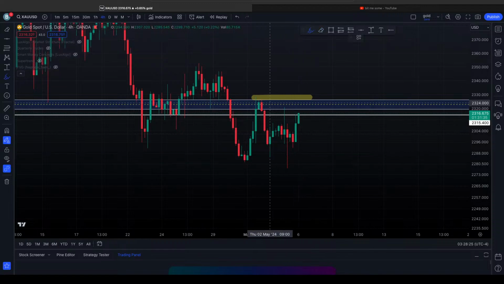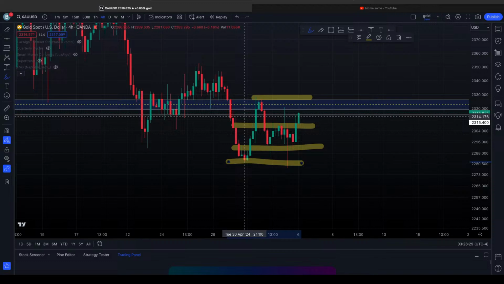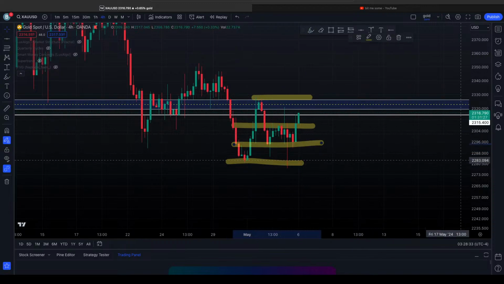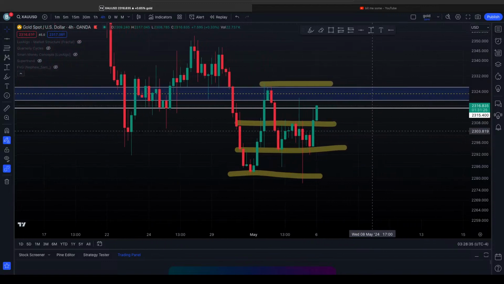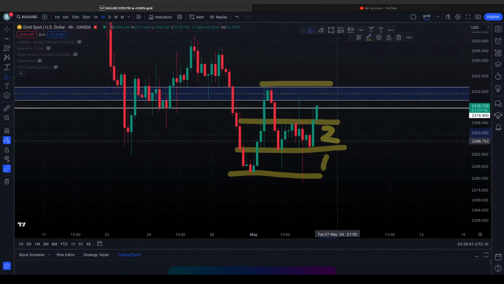Because if this is the range here, this is the range here, there's a range here, that's the next range up there. But from what I've kind of seen over time, if this is range 1, this is range 2, this would be range 3.